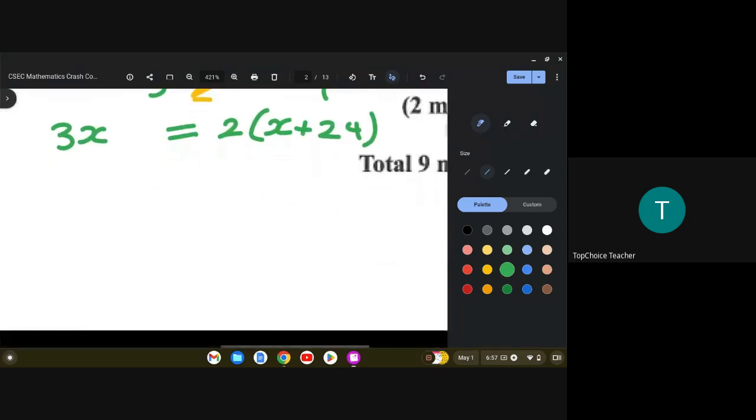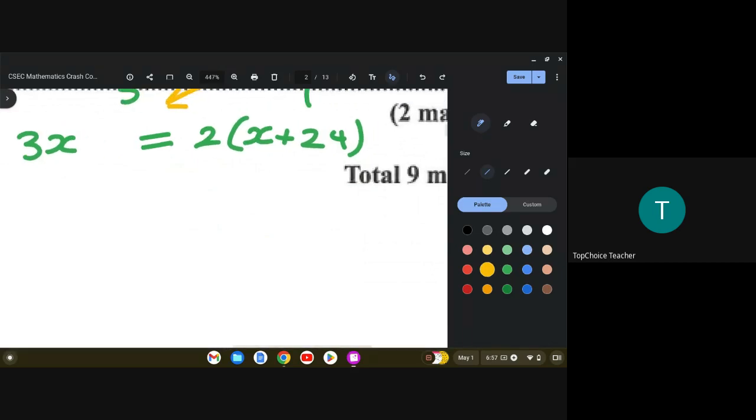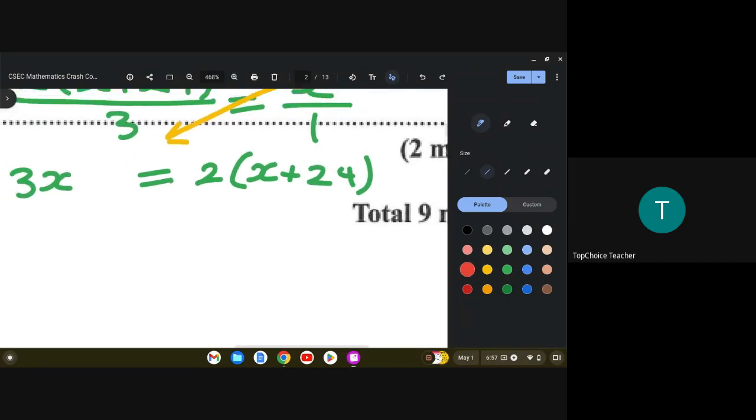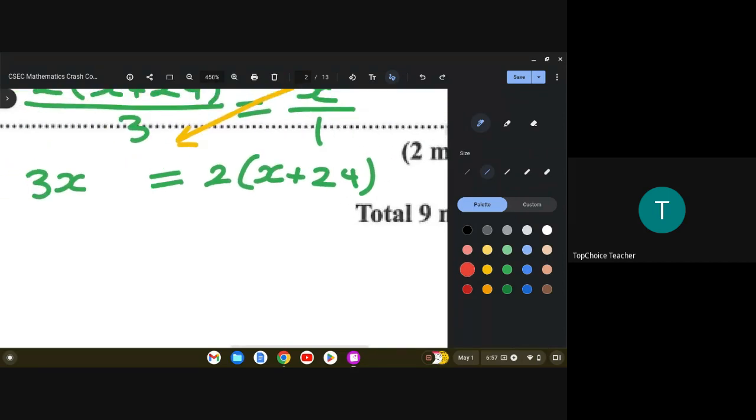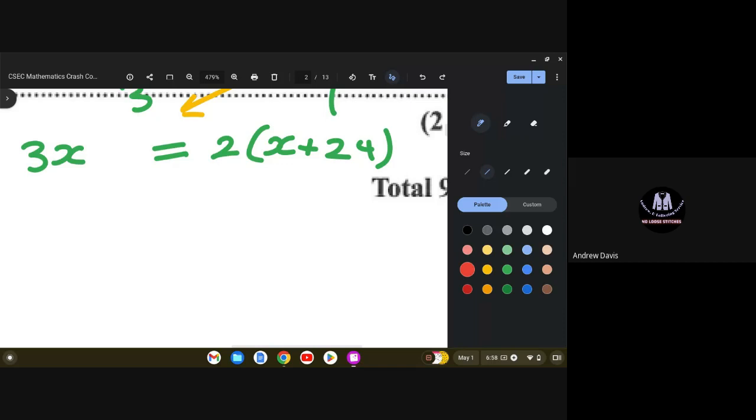This should look more and more familiar to you because you would have done simpler ones looking like this in lower form. We need to get rid of this bracket. This bracket is obstructing us. So how do you get rid of brackets in algebra? The distributive law. That is the answer.